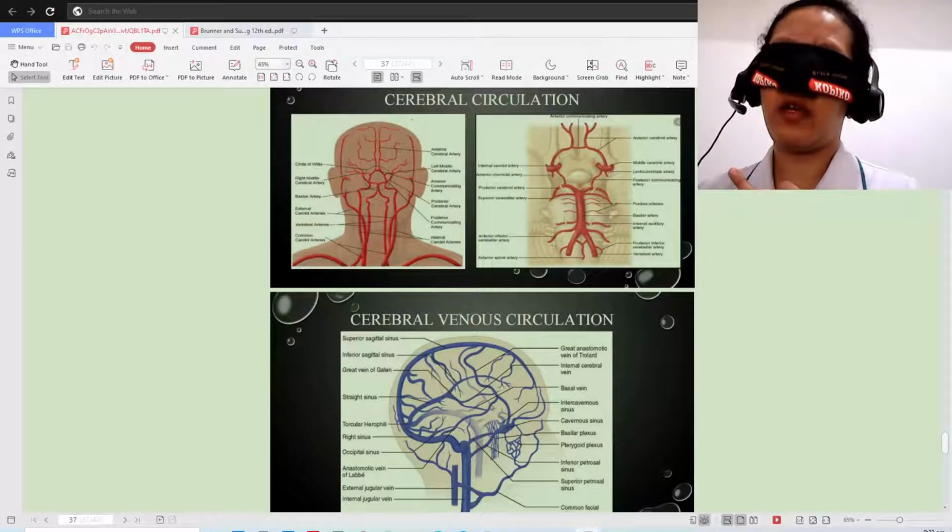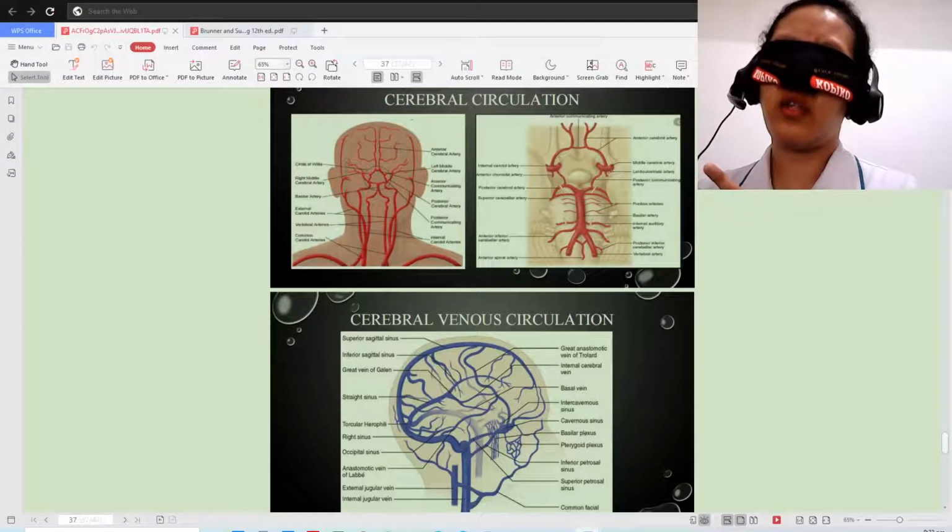The veins reach the surface of the brain, then join the larger veins, then cross the subarachnoid space, then empty into the dural sinuses, which are vascular channels lying within the dura.